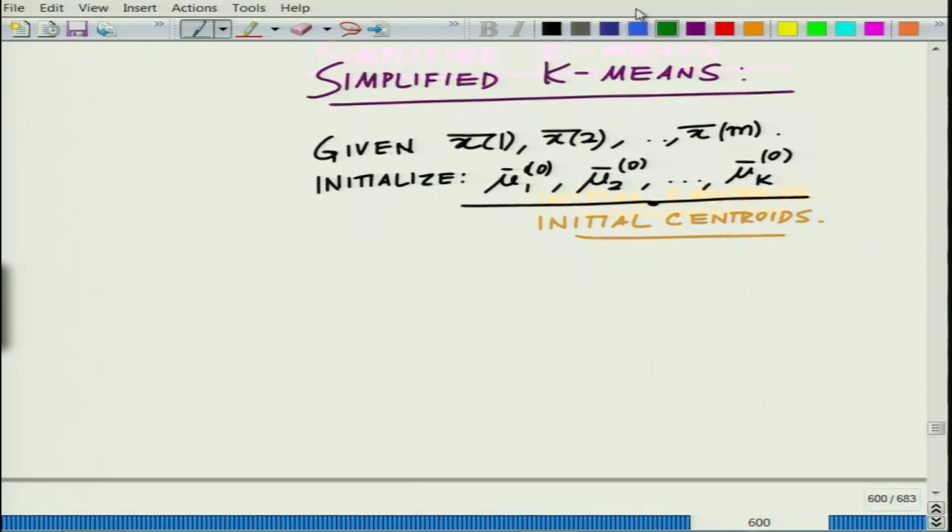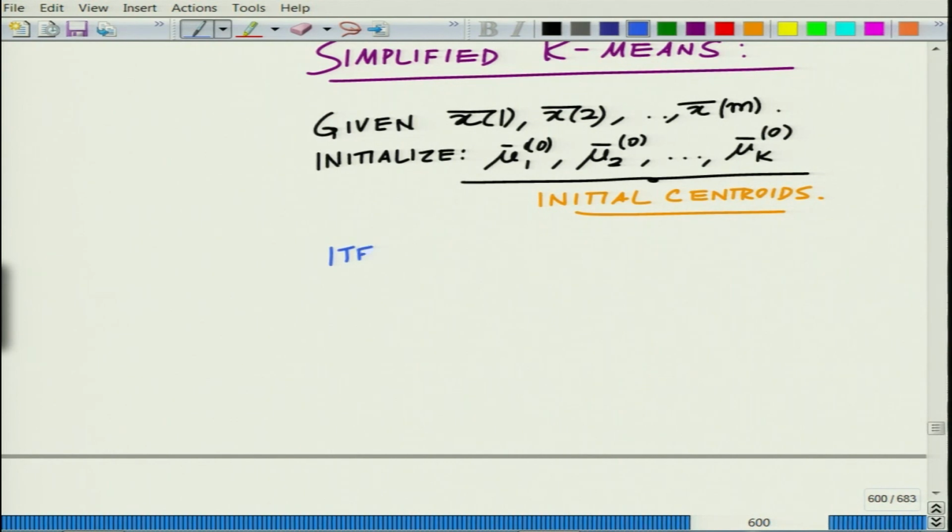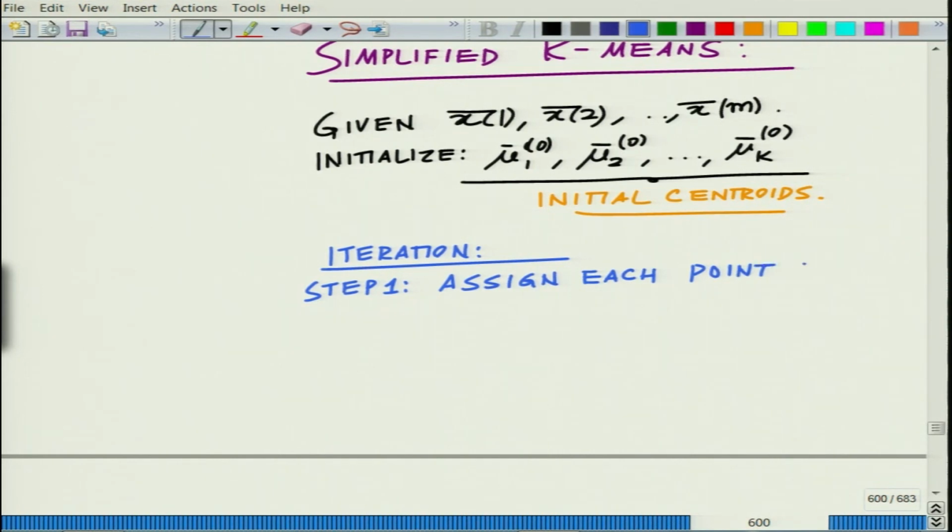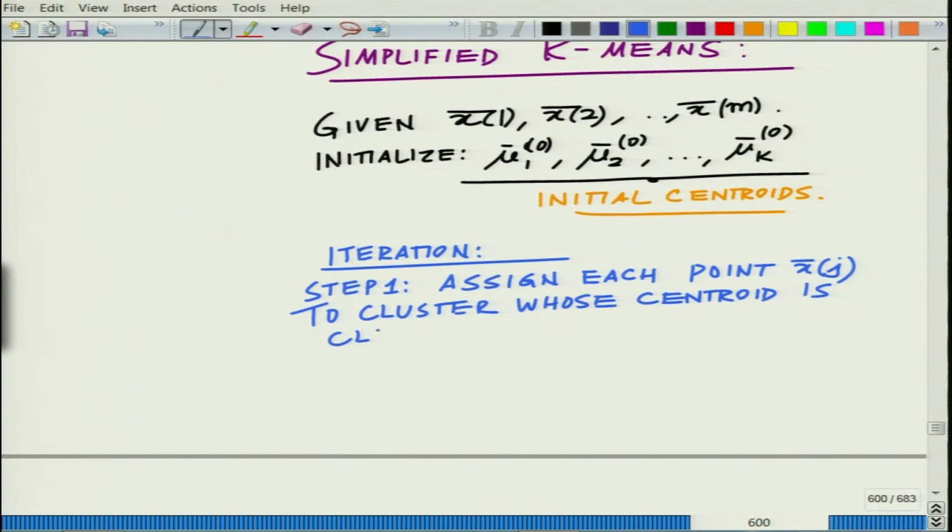Now, what are the iterations? Iteratively, step 1 would be: assign each point x bar j to the cluster whose centroid is closest.